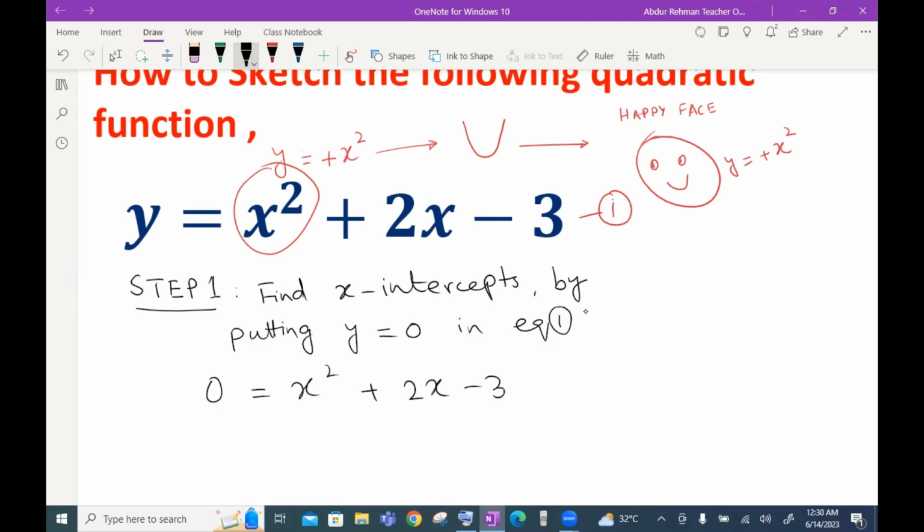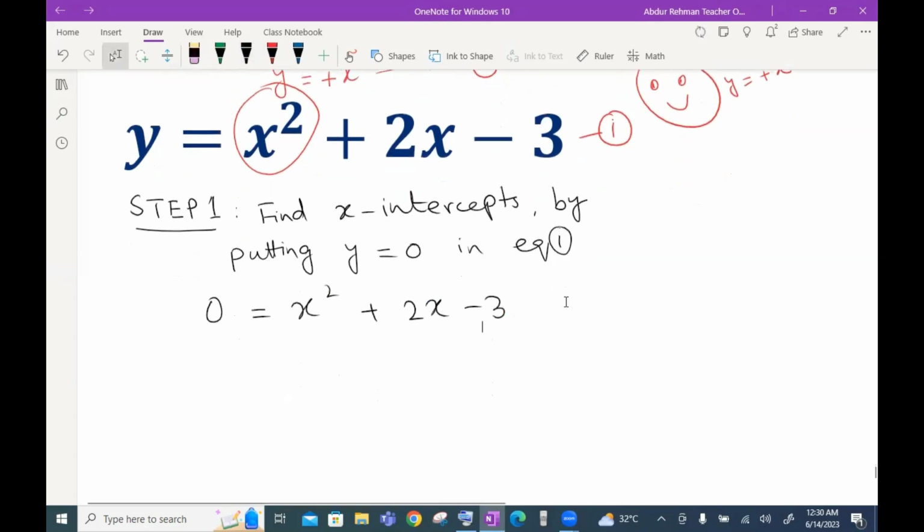The next step is we have to factorize by breaking the middle term. The link is given in the description on how to factorize this type of equation. So by breaking the middle term, x squared plus 3x minus x minus 3.